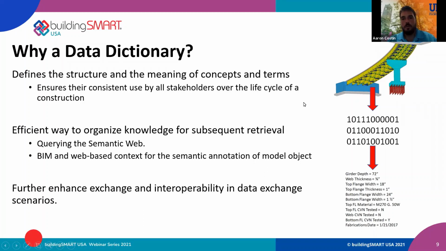Another powerful aspect is that it is an efficient way to organize knowledge for subsequent retrieval. One of the biggest tools is the semantic web. We're able to query data all over the internet, and that's a powerful tool. The semantic web discussion is one of its own, but just to understand that we're able to interconnect all this data throughout the internet. That means that BIM and web-based contexts, or semantic annotations, can be applied to the model.